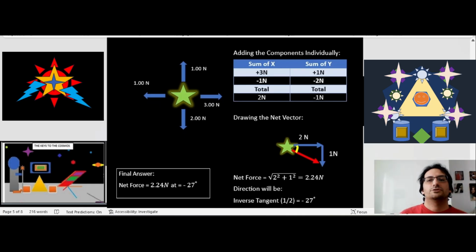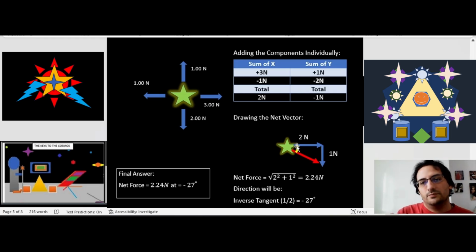And then we're going to draw the net vector on the particle. Always start with the x-axis first. 2 to the right, from here, 1 down. So when you do the hypotenuse of this triangle, square root of 2 squared plus 1 squared gives you 2.24 newtons.